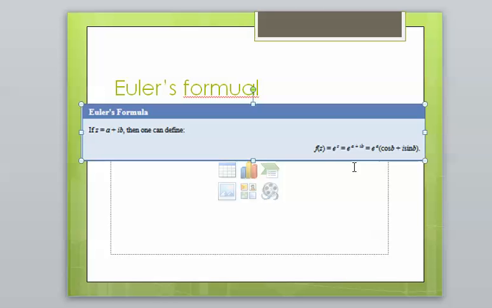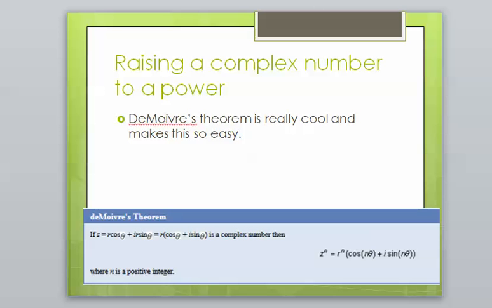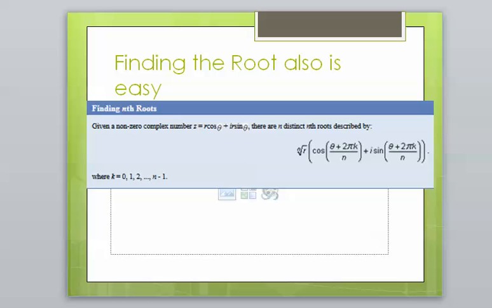Now, the question becomes, why? Why are we having to learn this stuff? Well, when you get into calculus, you will be raising items to a power. You will be raising complex numbers to a power. This becomes a simple way that you can do it if you can remember de Moivre's theorem. It could be raising it to a power or taking the nth root of it, so you can do either of those two things with de Moivre's theorem.